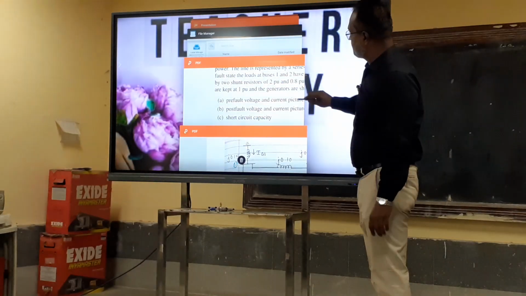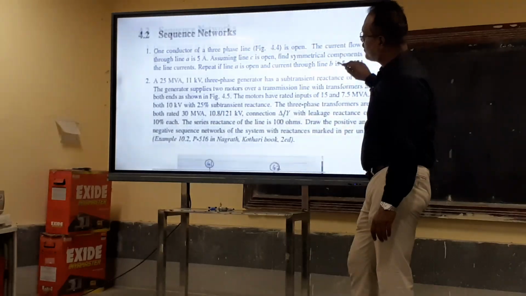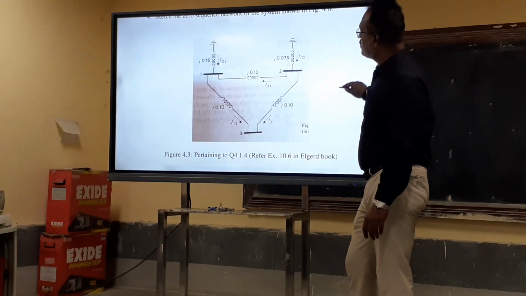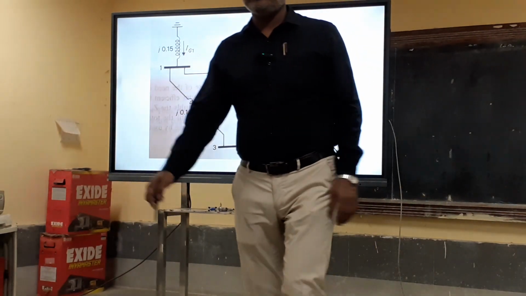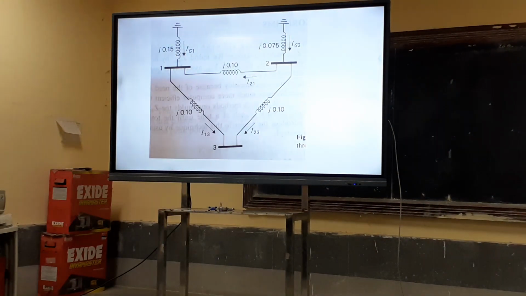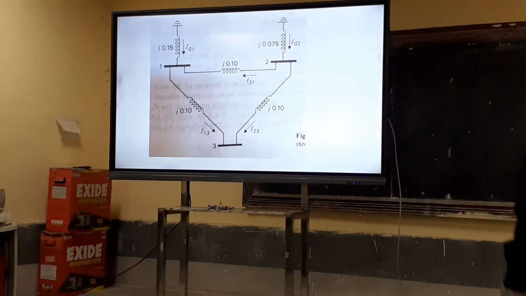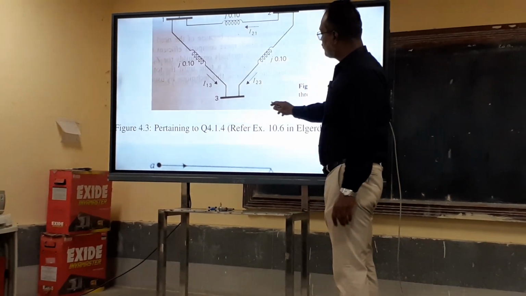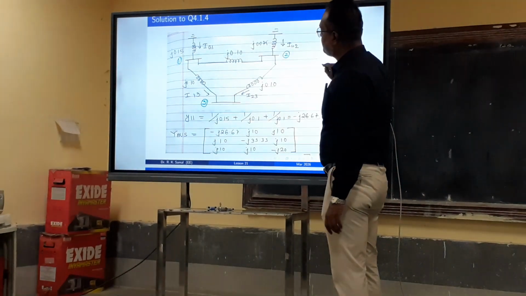See the question. Consider the five bus system shown in figure 4.3, which is here. This is from the Elgerd book. Draw this diagram. So we can find the detailed solution here in the other book. This is that diagram.